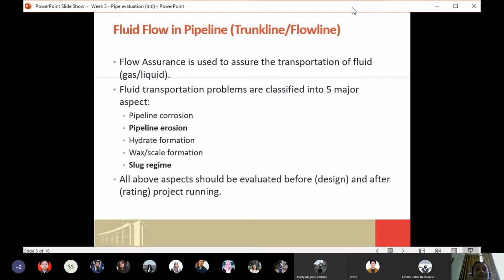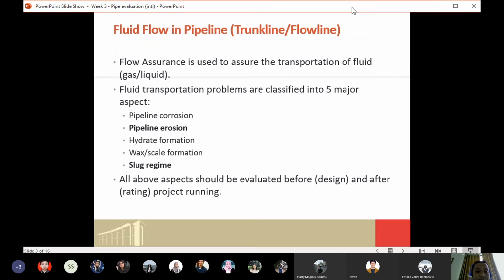To evaluate this, usually there is a kind of study called flow assurance, which is used to assure the transportation of fluid, gas or liquid. So a flow assurance study is very useful to ensure that the flow is smooth. In flow assurance, there are five major aspects that we would like to evaluate.